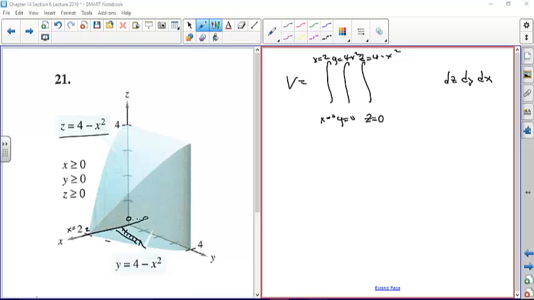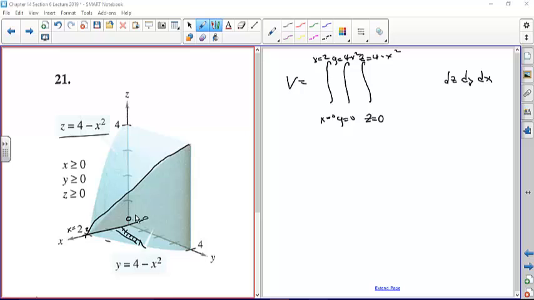So what I'm looking for is, if I take this curve of intersection and project it down onto this plane, I can define my two regions. They're going to have the same x value.